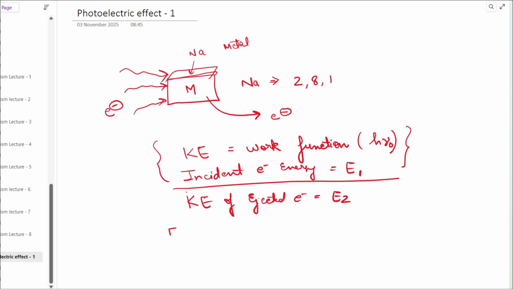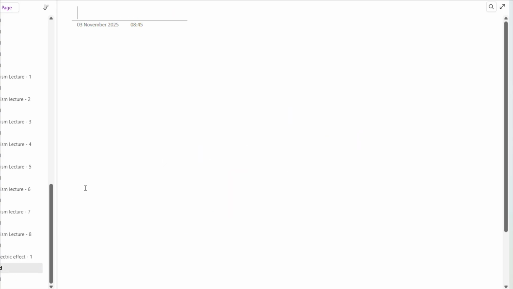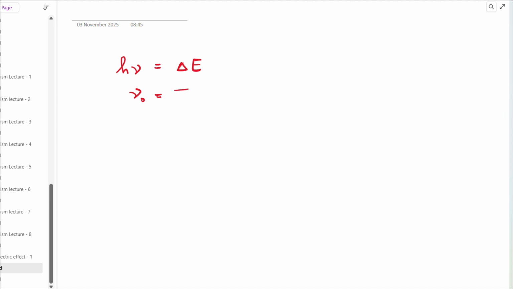So E1 plus h nu naught is equal to E2. So E2 minus E1 equals h nu. So the equation is h nu is equal to delta E, and nu naught is the incident electron frequency.